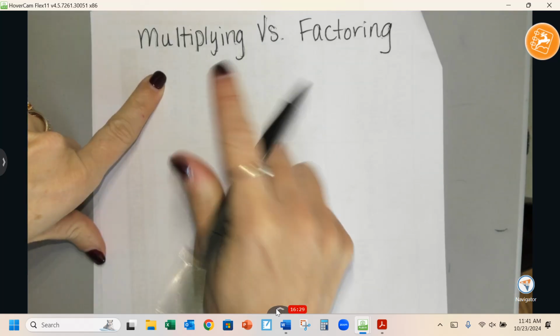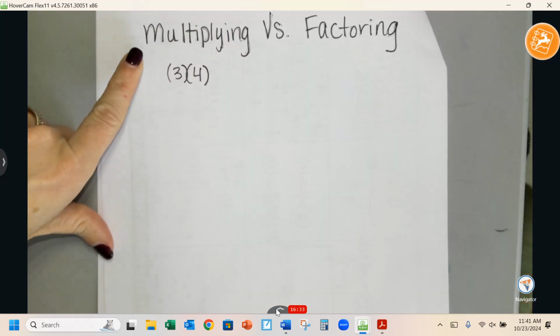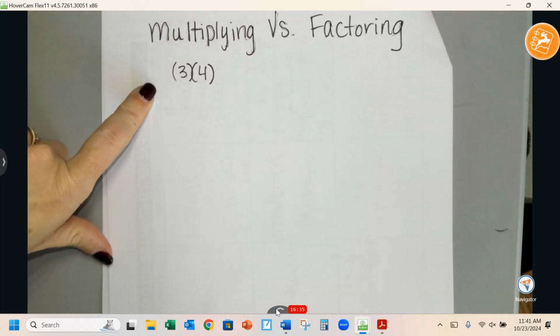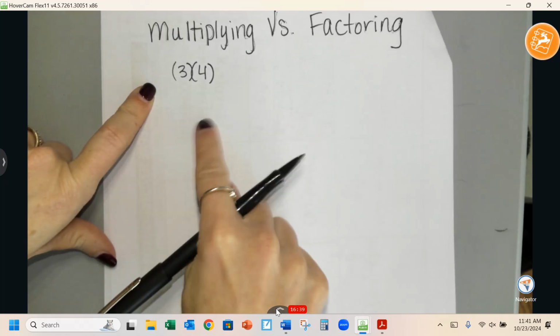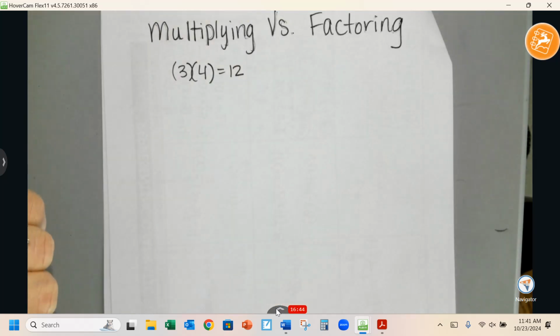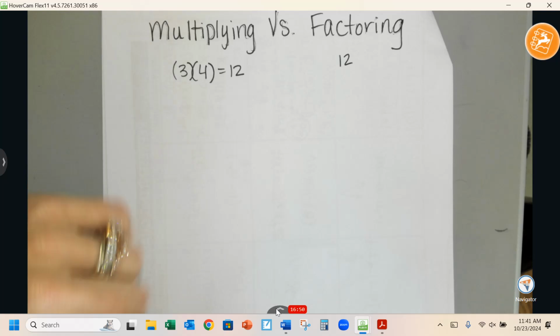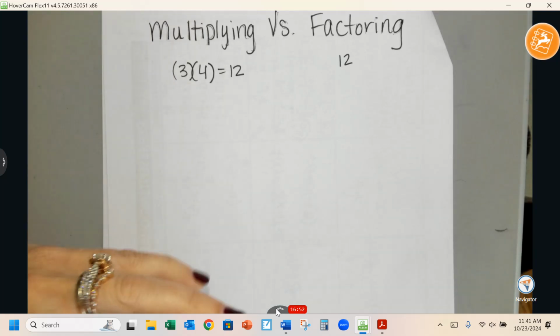So if we're multiplying, if I say to you 3 times 4, and I write it like that, and I tell you multiply or simplify this, you would tell me this equals 12. The inverse of that, the opposite of that, is me giving you 12 and saying factor it.